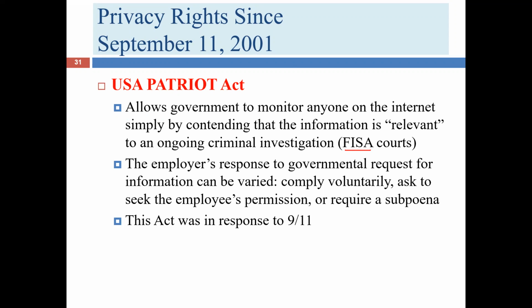So, what does the Patriot Act do? It allows the federal government to monitor anyone on the internet simply by contending that the information is relevant to an ongoing criminal investigation. And this can also relate to information that has to be obtained through subpoenas, like cell phone records or things along those lines.